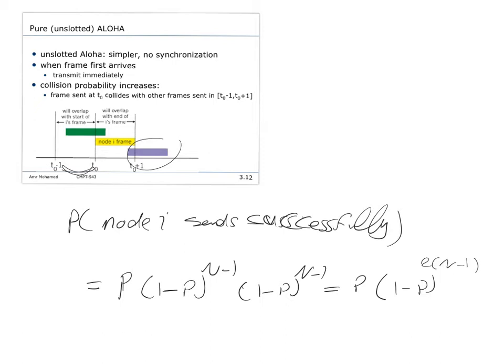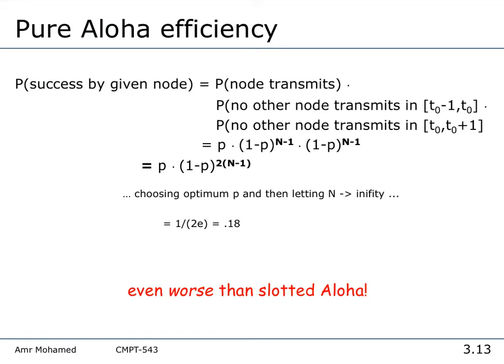So we do the exact same procedure, okay? We calculate the p which maximizes this, the exact same thing that we have done before, and we calculate when n goes to infinity. In fact, in that case, because of this 2n minus 1, we will find that the efficiency will be 1 over 2e, which is half of what we had before.